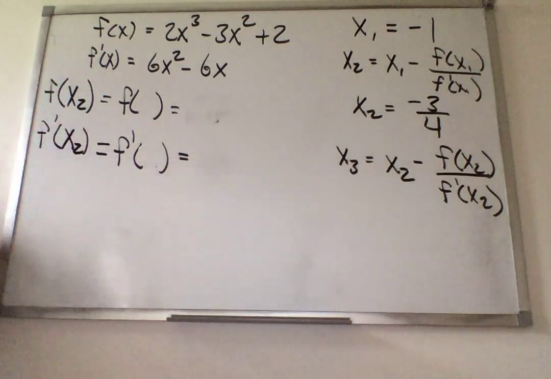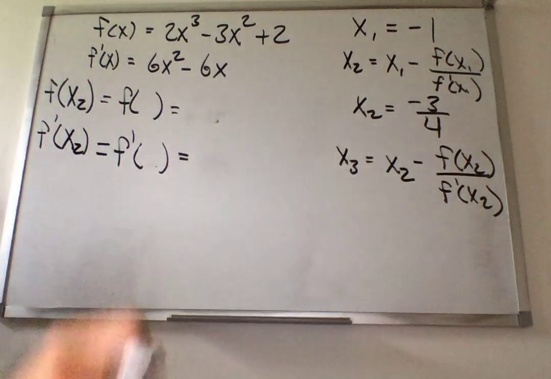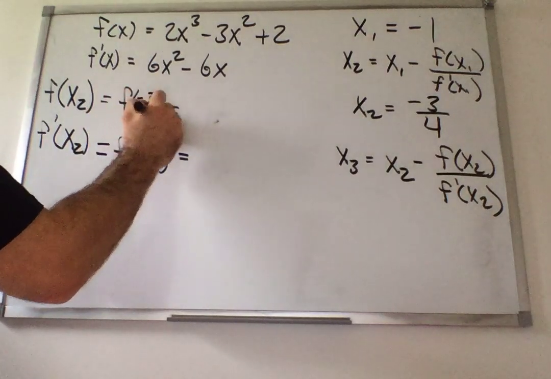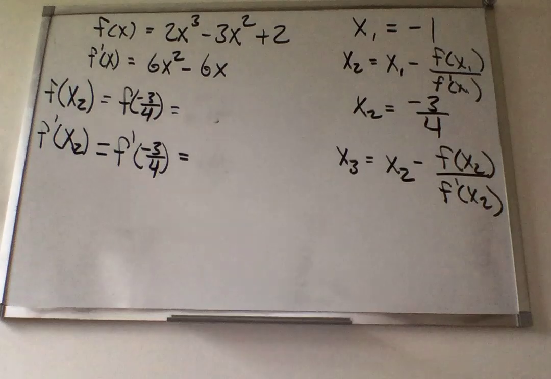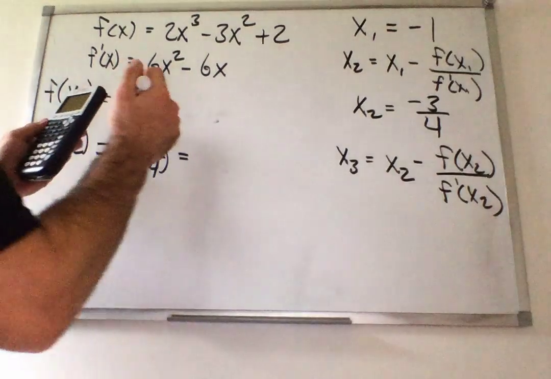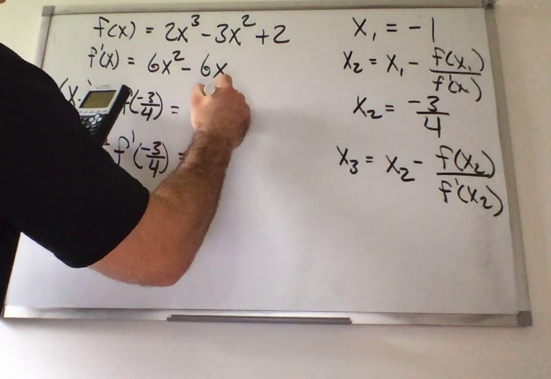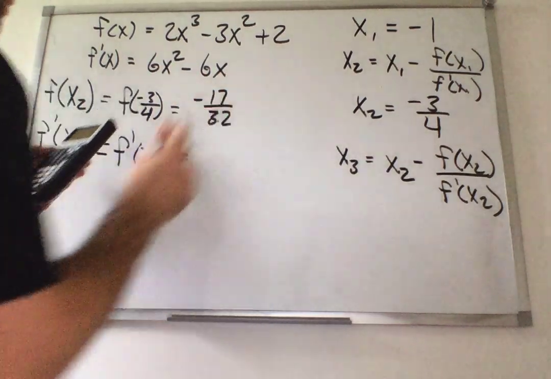Well, x2 happens to be negative 3/4. If you were to plug that in, in fraction form, negative 17 over 32.